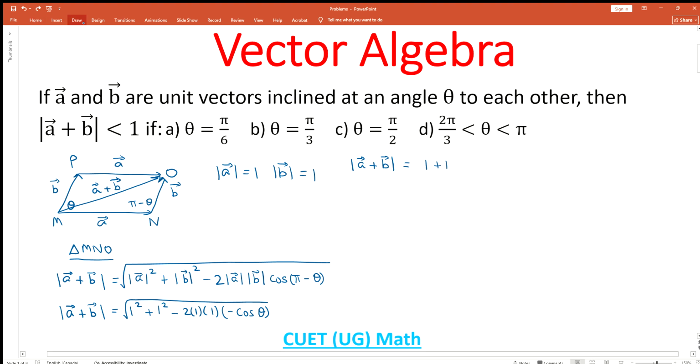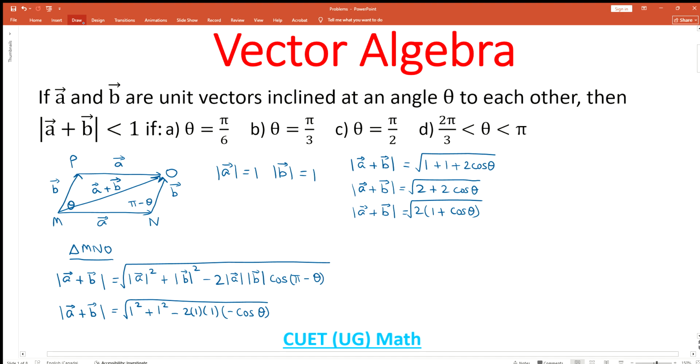Negative 2 times 1 times 1 times negative cos theta is equal to positive 2 cos theta. We can factor out 2 from both terms. This is the expression for magnitude of vector A plus vector B in terms of theta.